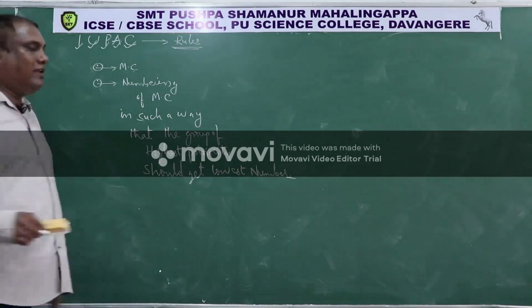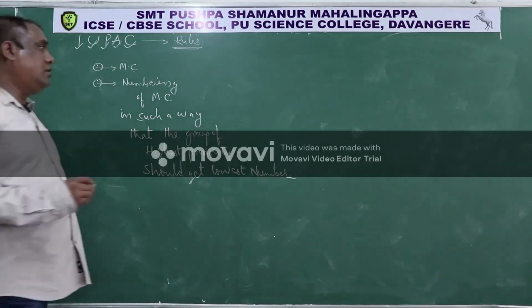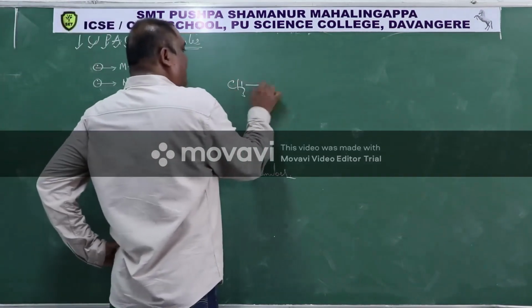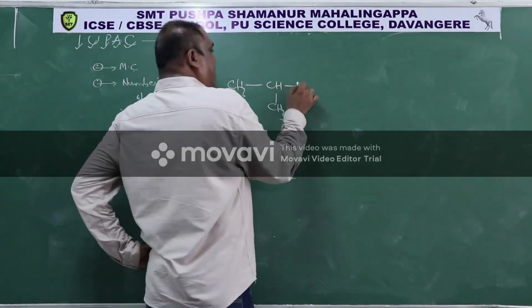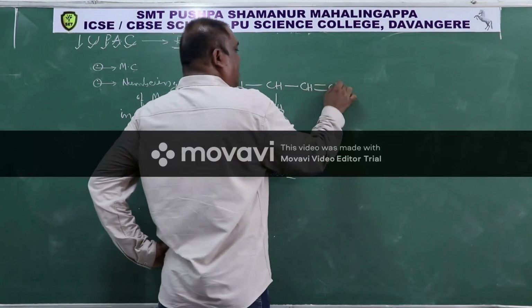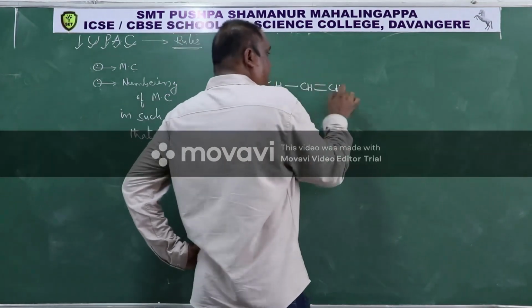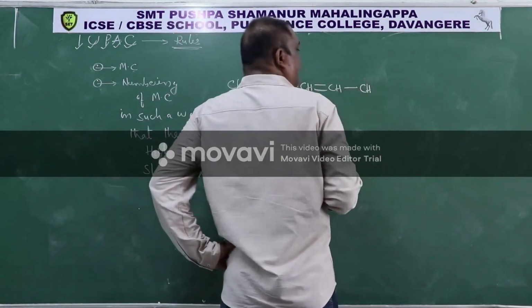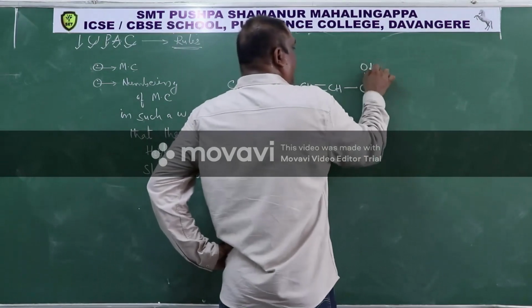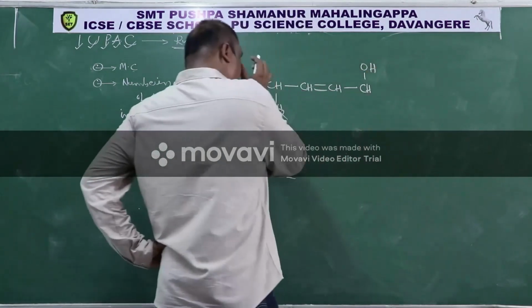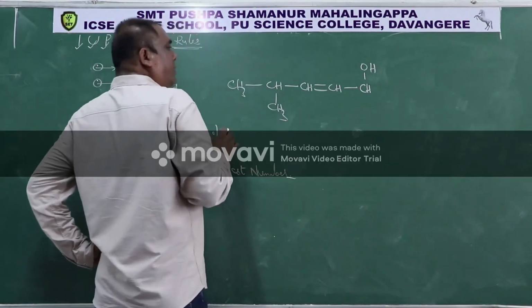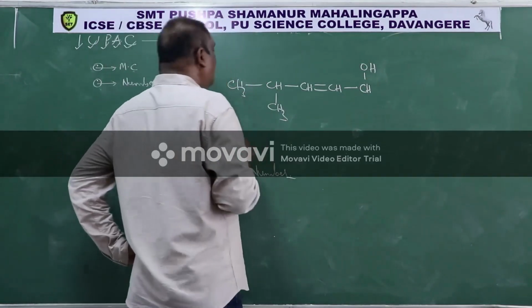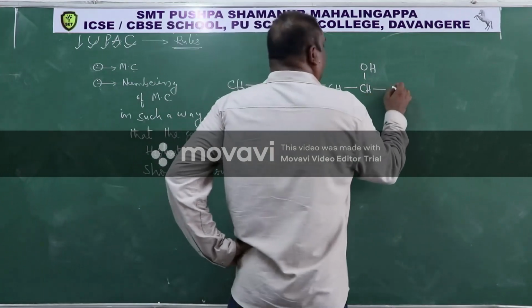Now, for that I will give an example. This is CH3, this is CH, this is CH3, then CH double bond, CH, then CHOH, then CH3.